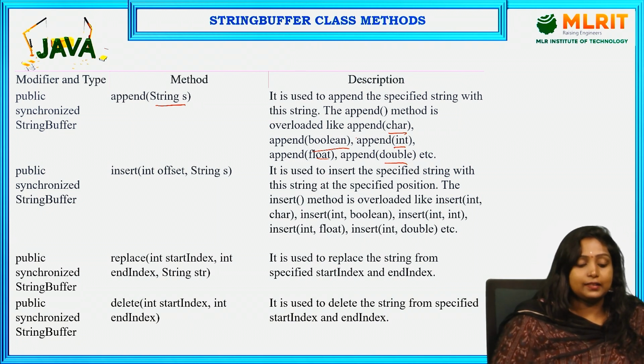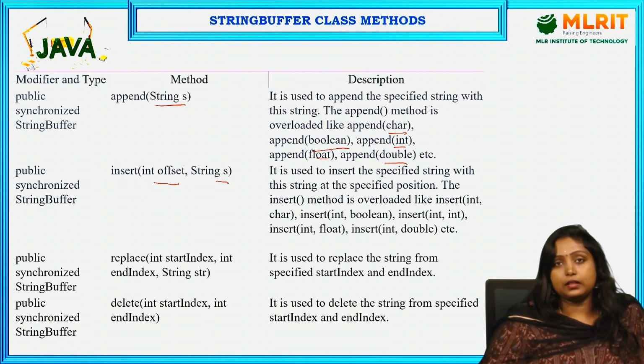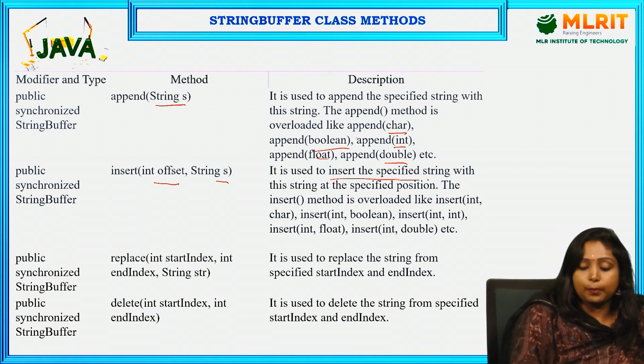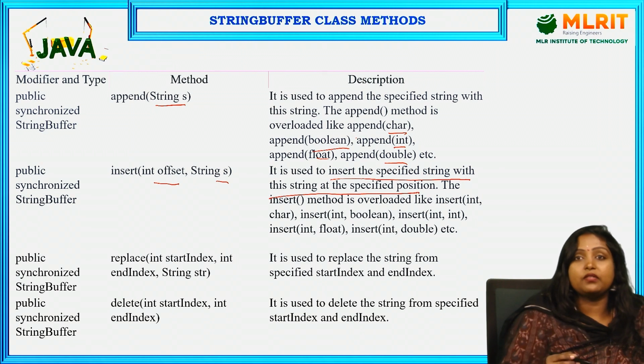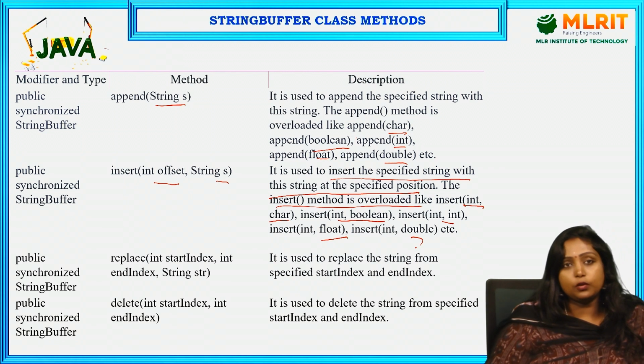Next, insert: you have to give the offset value, which is nothing but the index value, and a particular string. It is used to insert the specified string into this string at the specified position. The insert method is overloaded, so you can insert an integer, a character, a boolean, as well as a float value and a double value also.